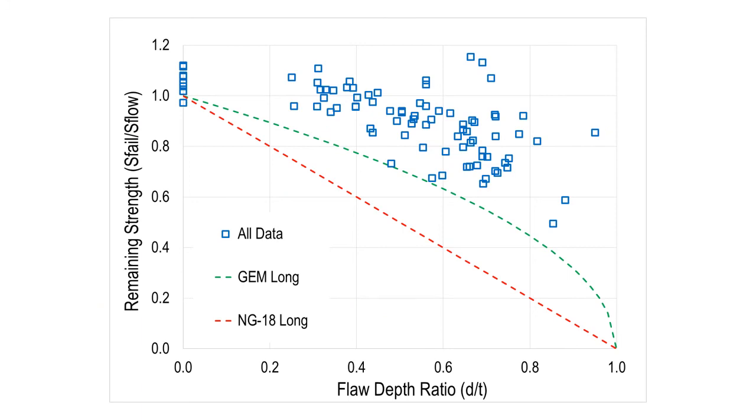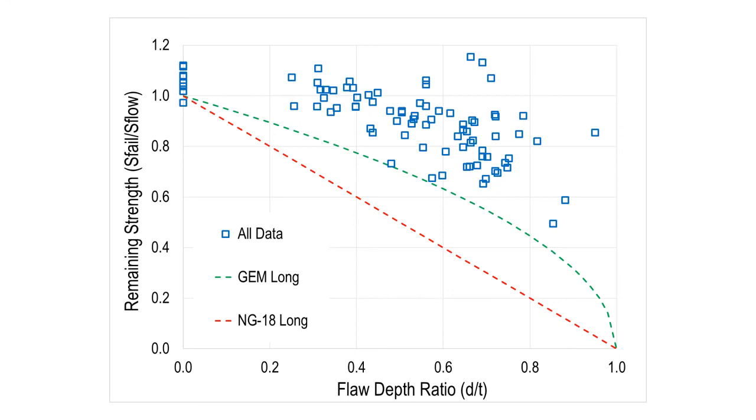So before we took a plot of the remaining strength as a function of length, this time we're going to do a remaining strength as a function of the flaw depth ratio. So there you see y-axis has got remaining strength, x-axis has the flaw depth ratio. We have those blue squares that represent all of my 85 data points. Now, hypothetically speaking, if you were using the basic NG18 equation, if you go through all the rigmarole of the math and you consider a long flaw, what does your mathematics converge to?